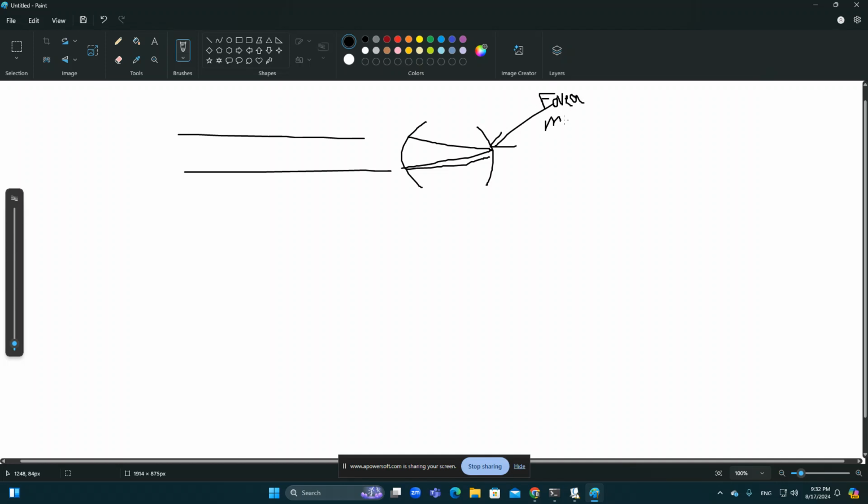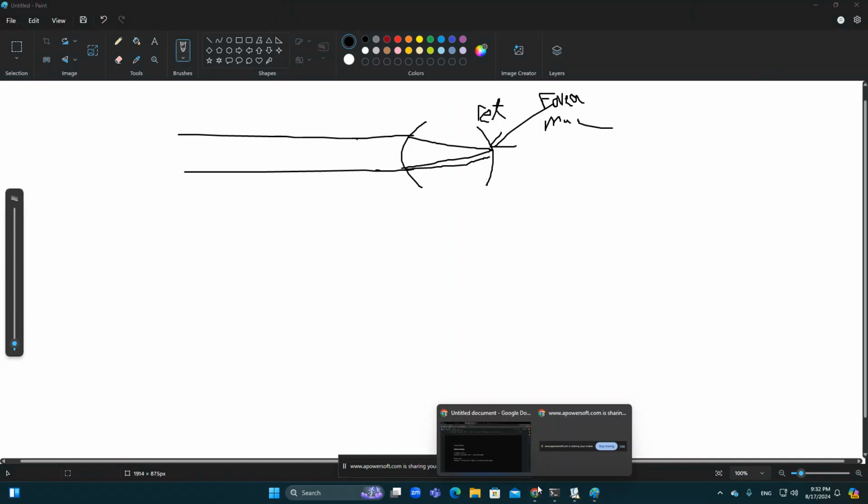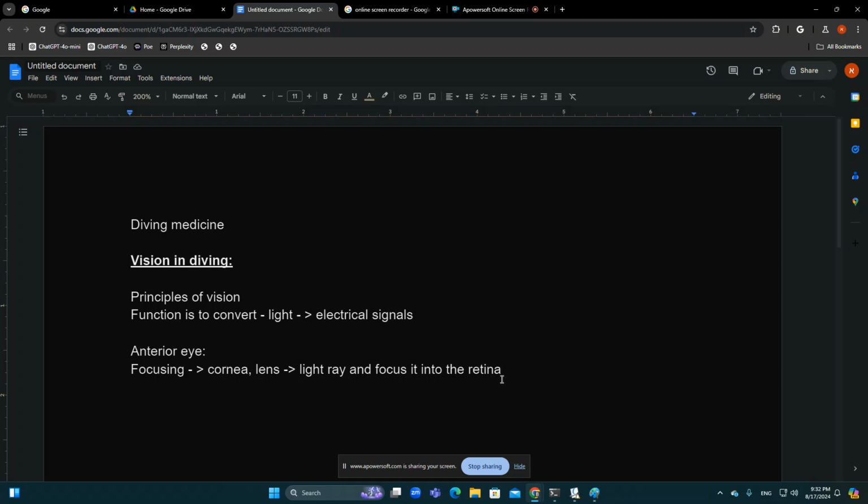So here is the eye, it centers the light rays onto the retina. The retina is the part that converts the light to electrical signals. Okay, so this is the idea of the anterior part of the eye, to focus.